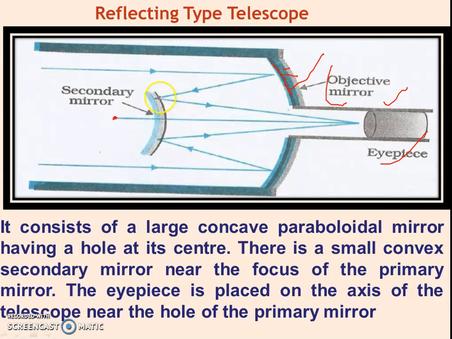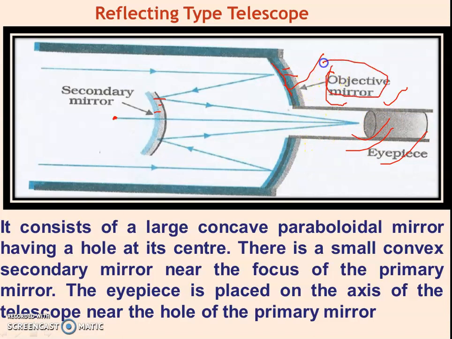But a small strip of convex mirror, this is nothing but the convex mirror, reflects these rays to the eyepiece. So the final image is formed at the eyepiece or eye lens. This is the Cassegrain type telescope, and its magnification is again fo by fe.